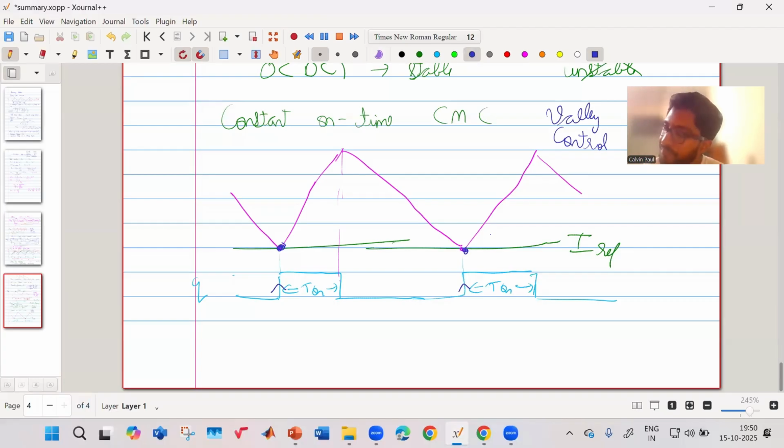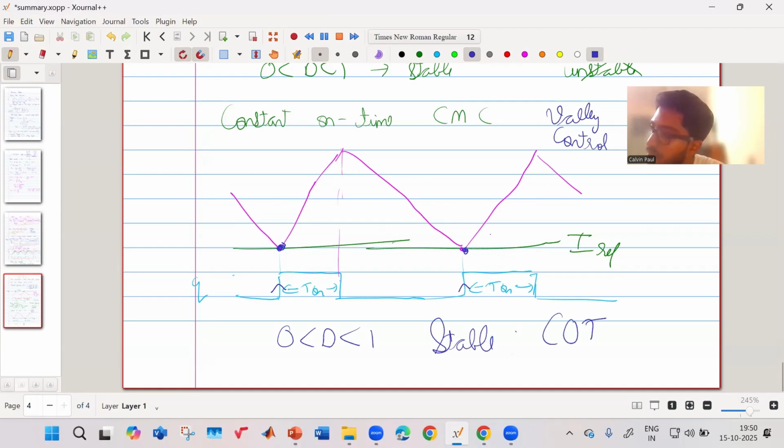So that also you are controlling. So this is your constant on-time current mode control. Here also your duty is stable for your entire duty cycle range for constant on-time control.